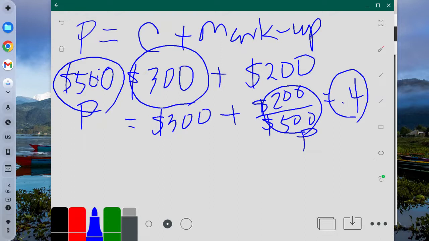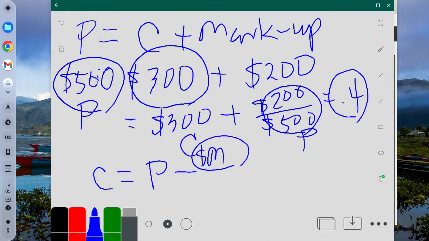We need to, and this is C, we can express C as P minus, okay, I'll call this dollar markup, not the rate, but in dollars, dollar markup over P, which is 0.4 or 40%.